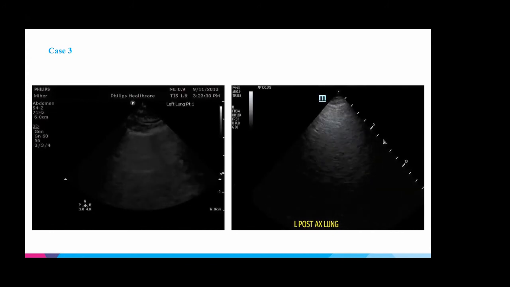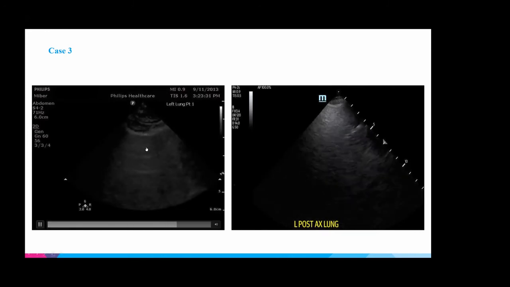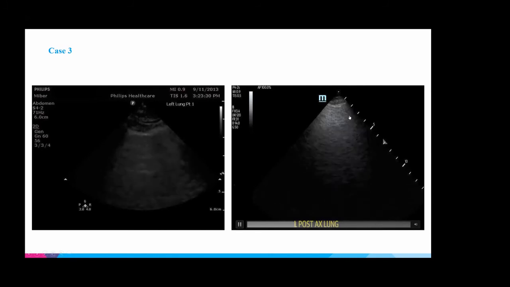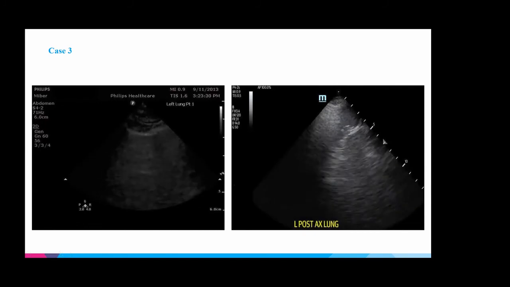It also looks normal. Yeah, I agree. So definitely an A-line pattern here on the left for the anterior spot. And then this is a nice curtain sign where you have the lungs sliding over the spleen. So normal A-line pattern throughout the bilateral lungs.